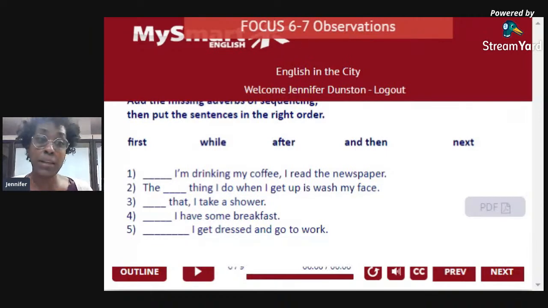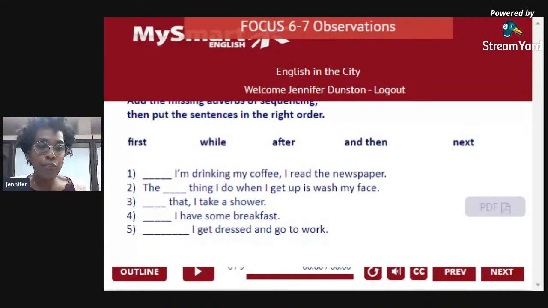The alphabet is a sequence of letters. If we have a sequence of events, chronological events, let's say, for example, or daily activity events, then we have words that let the reader or the listener know what happened first, what happened after that, and what happened at the end of everything.